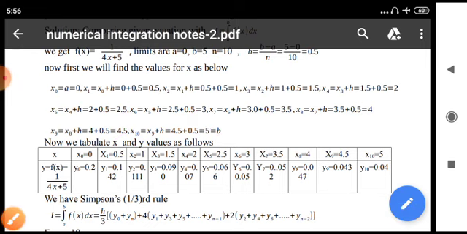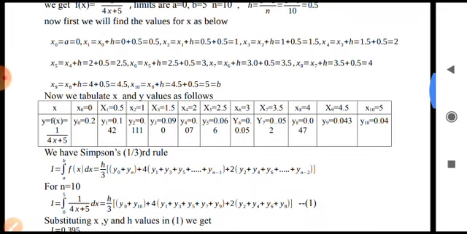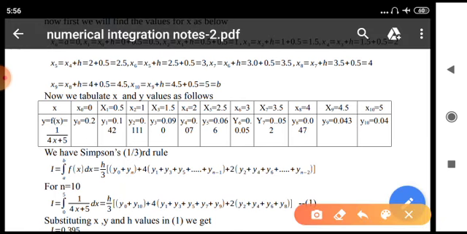Now we calculate the values of x and y as below. In the first row, x values, that is 0, 0.5, up to x10 equal to 5. And y, or f of x, is given by 1 by 4x plus 5. So when you substitute for x, we get the corresponding value of y.